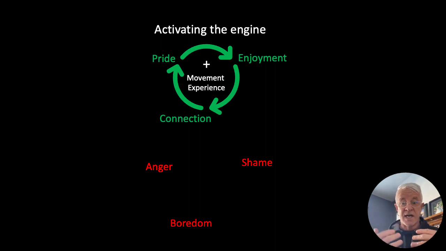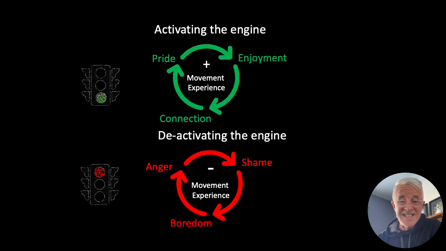And if you get connected to others through movement or connected to a new instrument, like here's a golf disc, I get connected to devices or connected to my hockey skates. These three things, connection, enjoyment, and pride, are critical positive emotions that are associated with activating the physical literacy engine through the competence, confidence, motivation pathways. So what we're looking for when people leave experiences is some combination of connection, enjoyment, and pride. There are other positive emotions, but those are the critical ones.